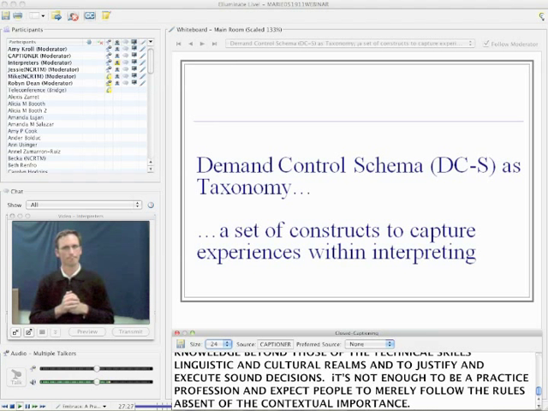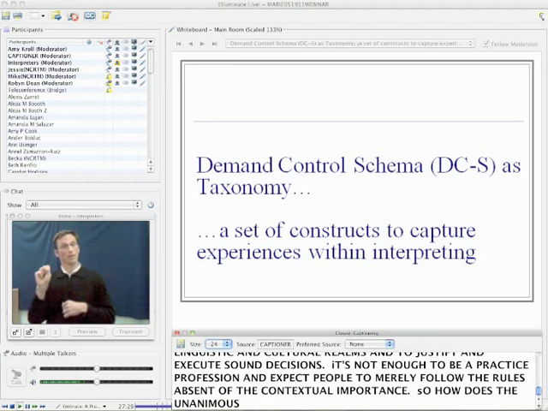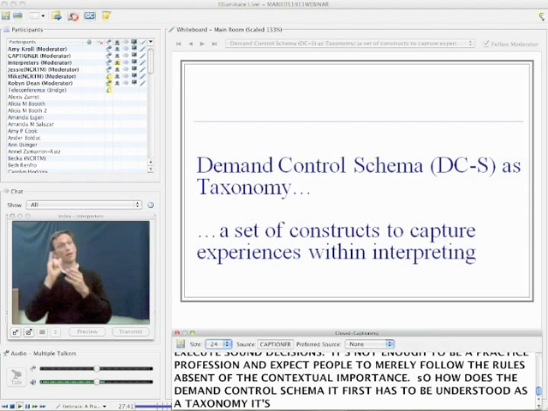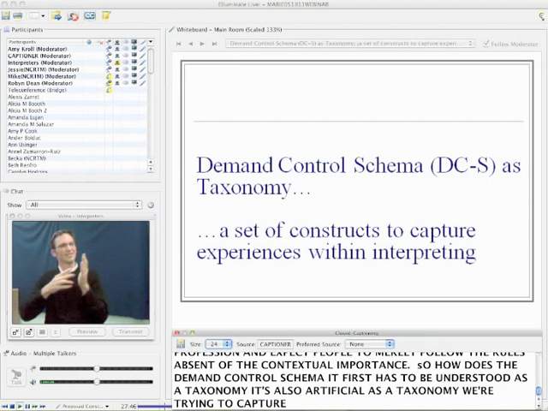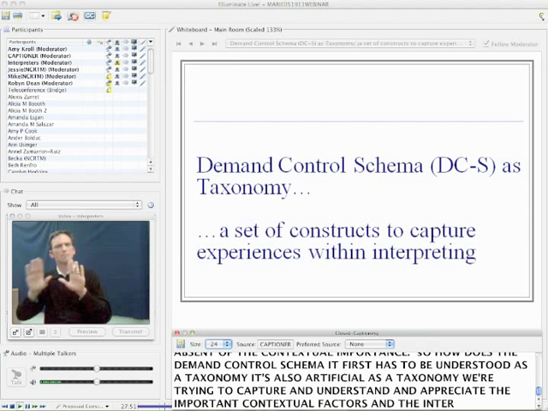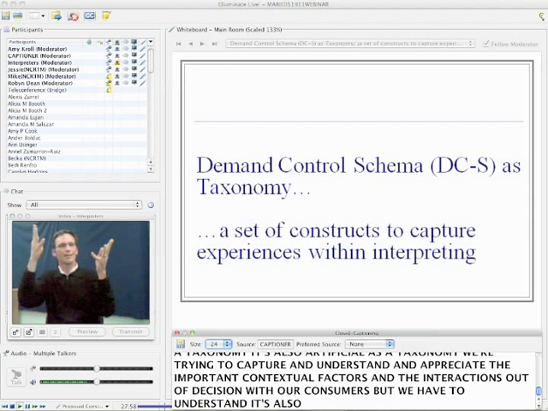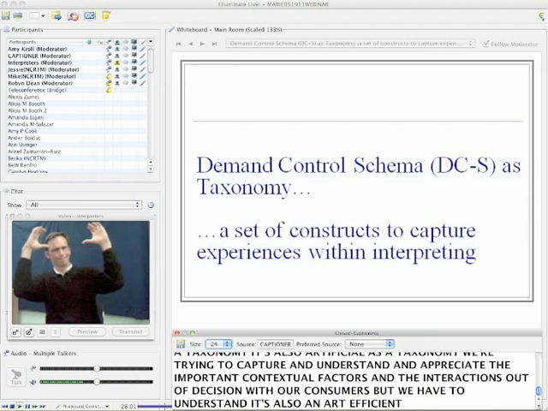So how does the demand control schema buttress this idea that interpreting is a practice profession? Well, first, DCS needs to be understood as a taxonomy. And like all taxonomies, it has a benefit to it, but it's also artificial. As a taxonomy, we're trying to capture and understand and appreciate the important contextual factors and the interaction of our decisions with our consumers, but we have to understand that it's also an artificial construct that's really meant to get at something that is hard to get at.